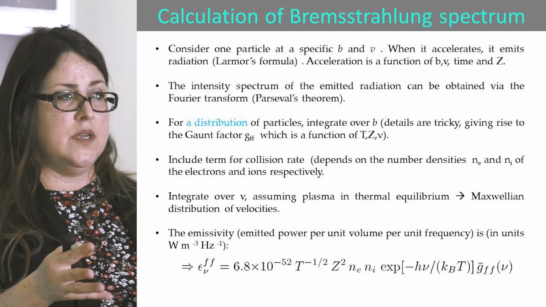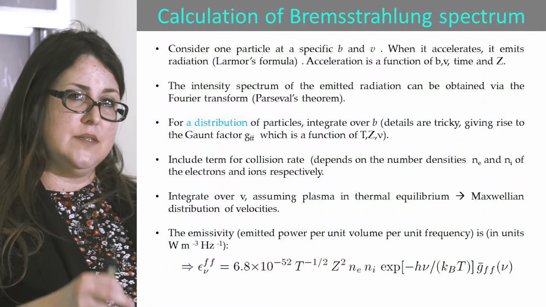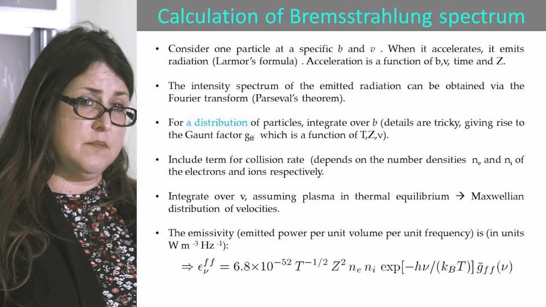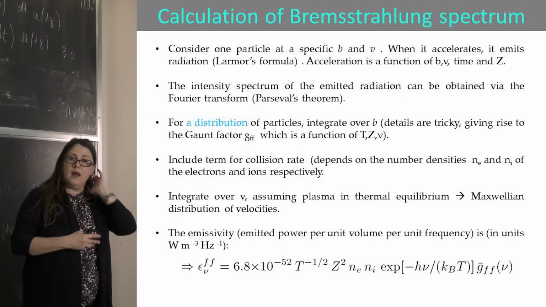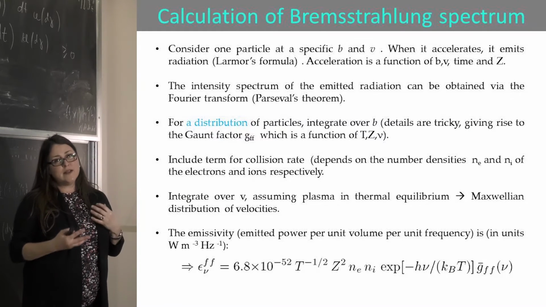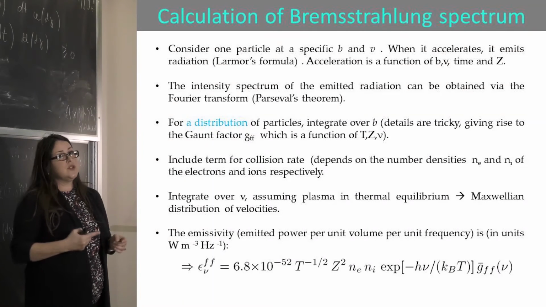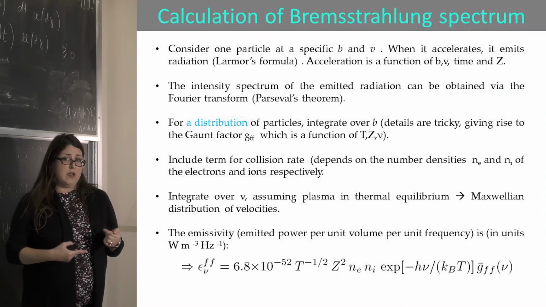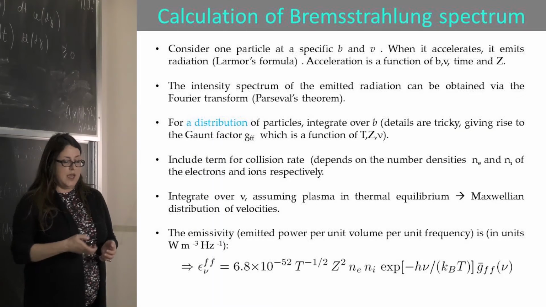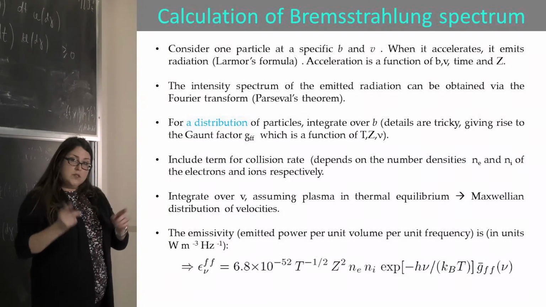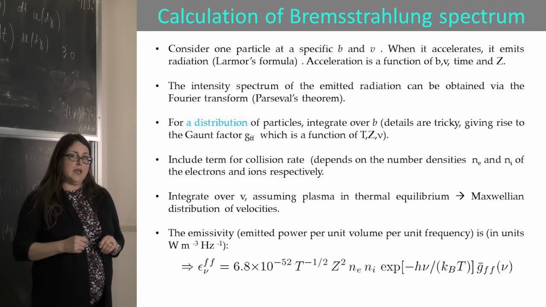As I said, we are not treating in detail the quantum effects because classical physics can well describe the Bremsstrahlung emission, but you have to introduce a corrective factor at the end when you have your result, which includes all the possible quantum mechanical corrections.